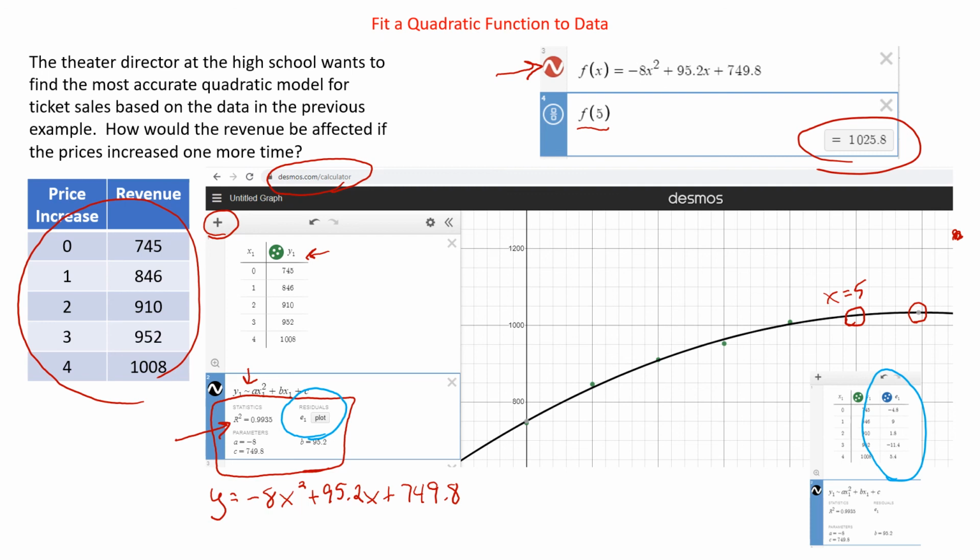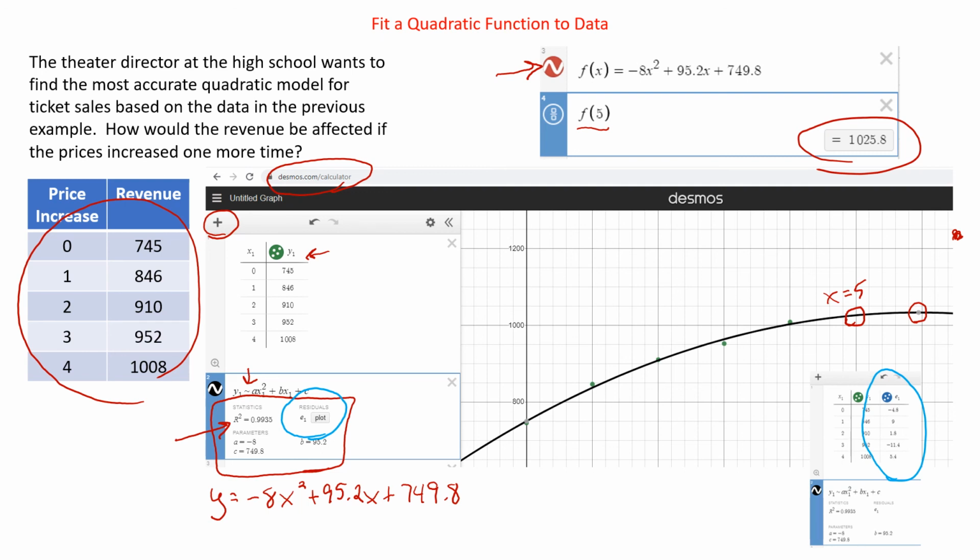If the ticket prices were all like $300, not many people would come to see the show, and so you're not going to sell many tickets. And so that goes down. So that's how that generally works.